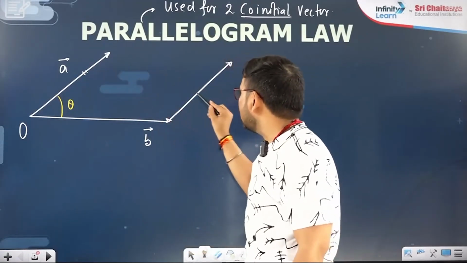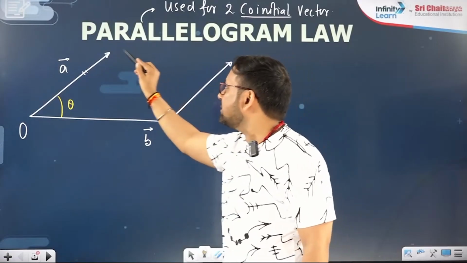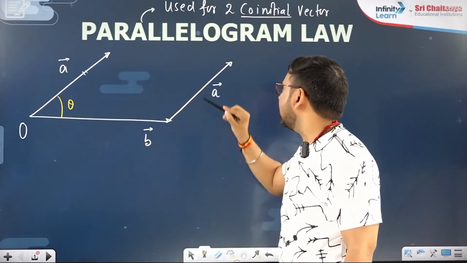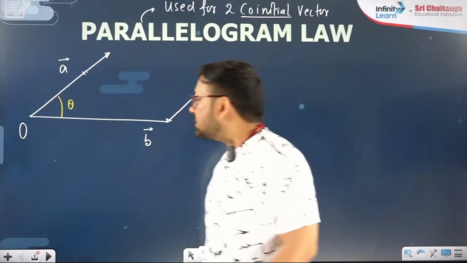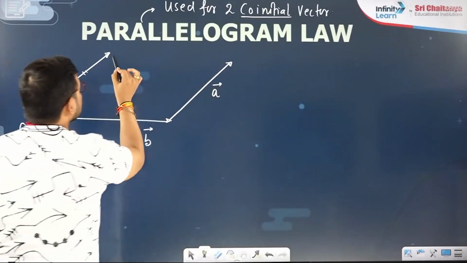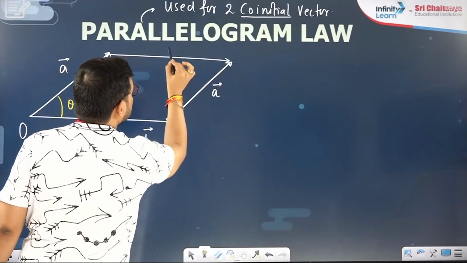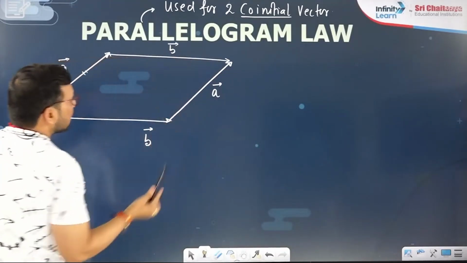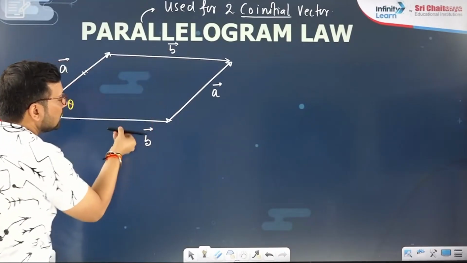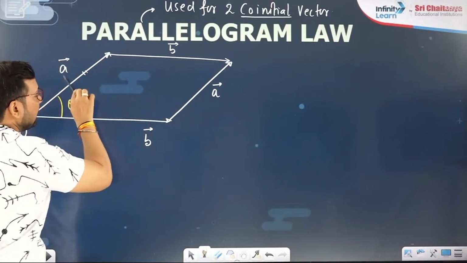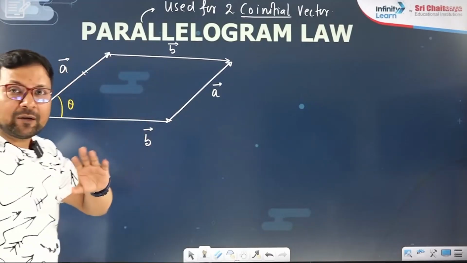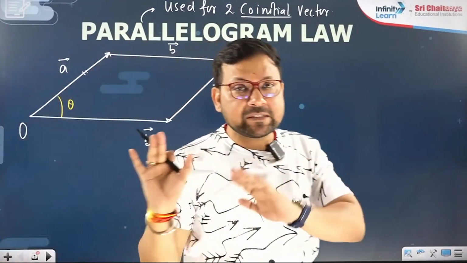So neither magnitude nor direction is changing, which means this vector is also A. Similarly, if you draw a vector parallel to B here, then this vector is also B, because you have not changed direction or magnitude. So A parallel to A, B parallel to B. The parallelogram is constructed.